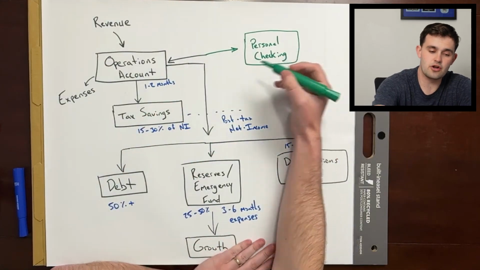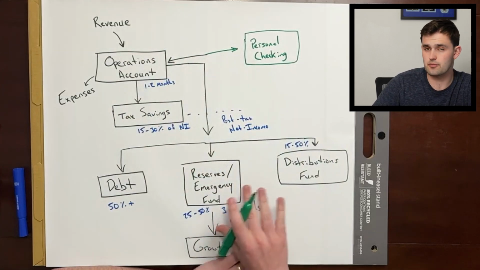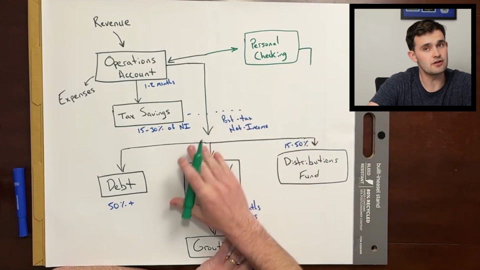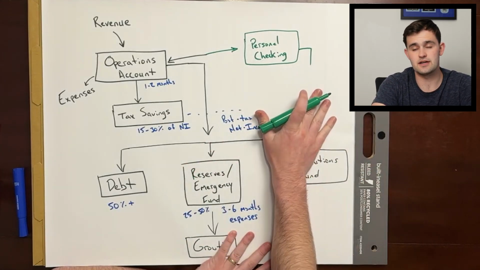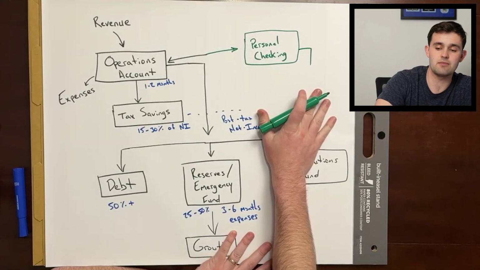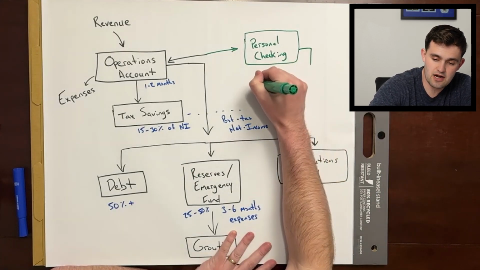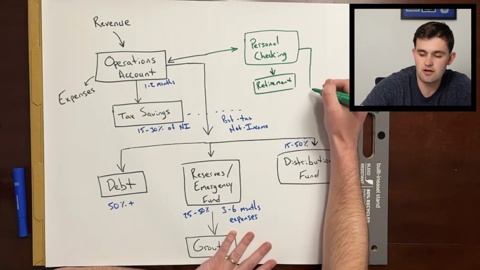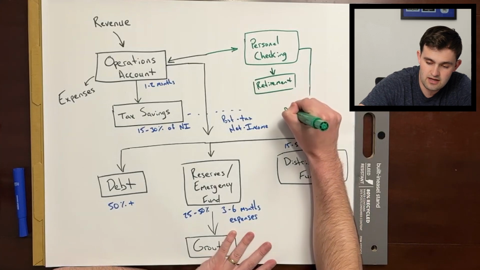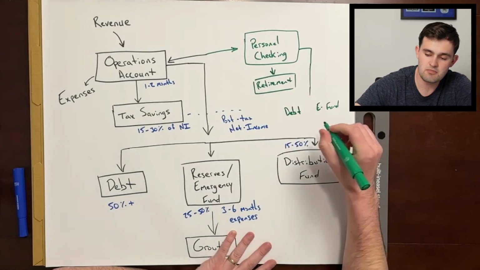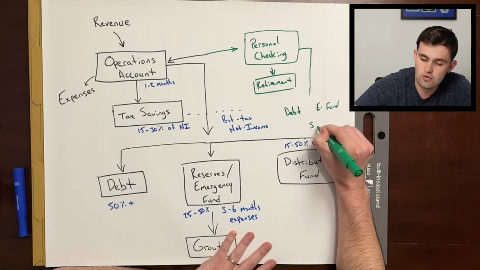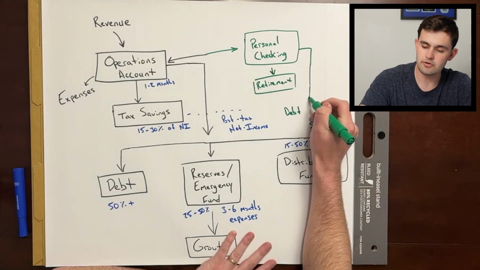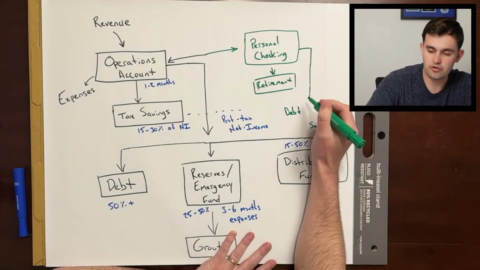From your personal checking, you can set up a similar waterfall to this in your personal life. This is kind of beyond the scope of this video, but over here in your personal life, you can draw out your own personal financial cash flow waterfall, right? And so maybe you have retirement where you set aside money every month, and then maybe down here you have debt, emergency fund, maybe you have other savings goals, maybe kids' college or down payment for a house, whatever.